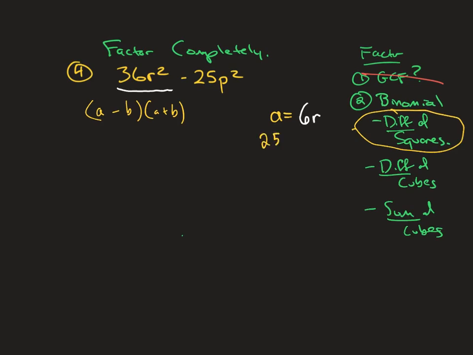The 25, call this b. B, the square root of the second term. So square root of 25p squared. Square root of 25, hopefully you know, is 5, and the square root of p squared is p. So as long as you can figure out what a is, as long as you can figure out what b is, it should be pretty easy. You're just taking a, 6r, and subtracting b. A plus b.